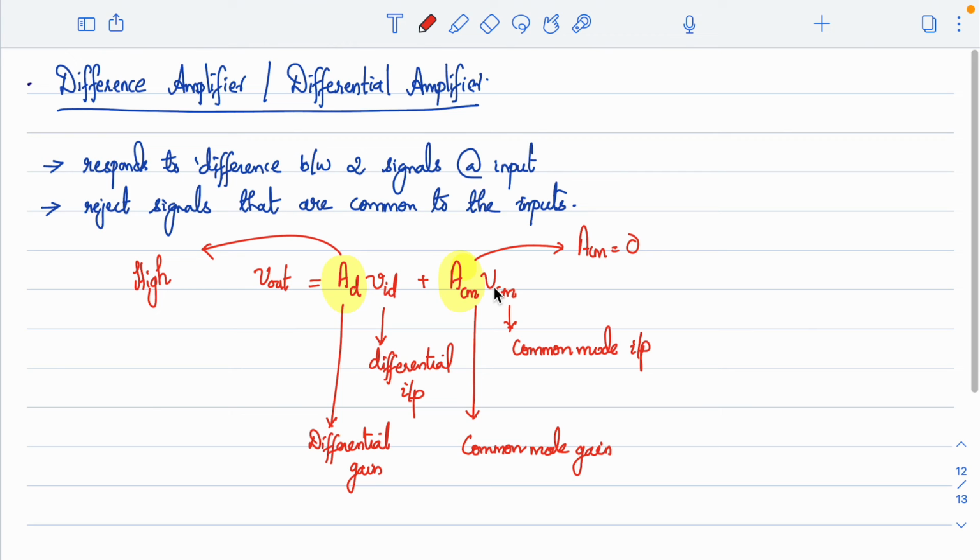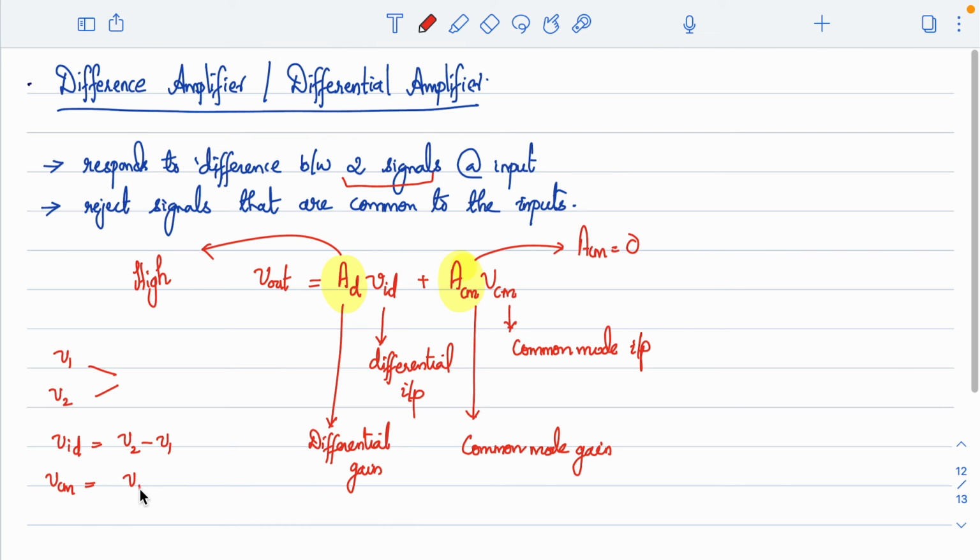Now, how will I define this VID? We know there are two signals at the input. Say one signal is V1 and another signal is V2. With V1 and V2, I can represent VID, the difference, as V2 minus V1. This is the differential signal. And how will I represent the common mode signal, whatever is common in both the inputs?